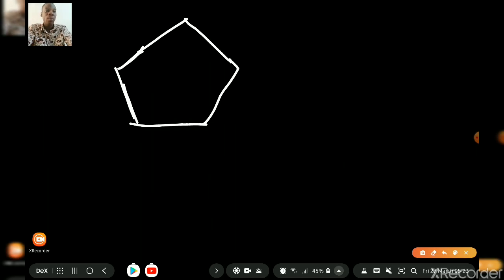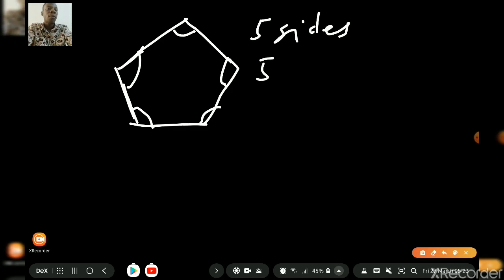So let's say this is a regular pentagon, not drawn to scale. How many interior angles is it going to have? 1, 2, 3, 4, 5. So 5 sides, 5 interior angles.